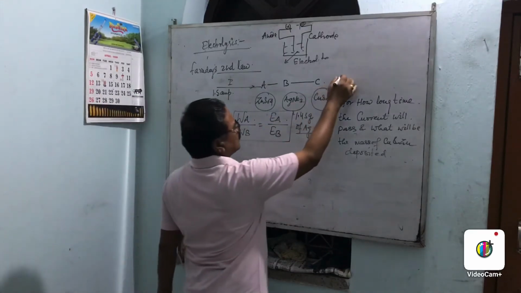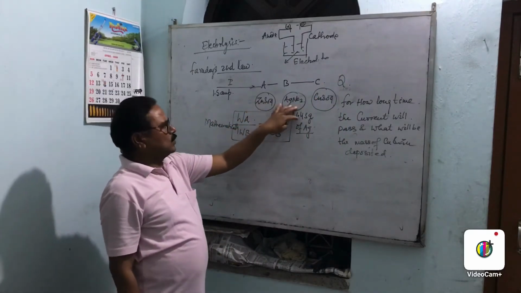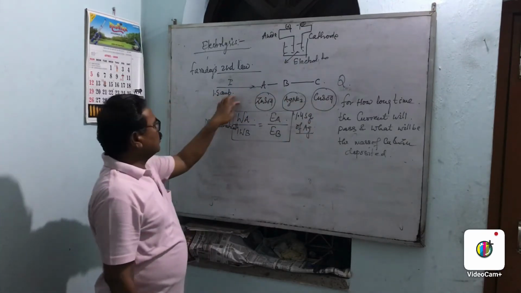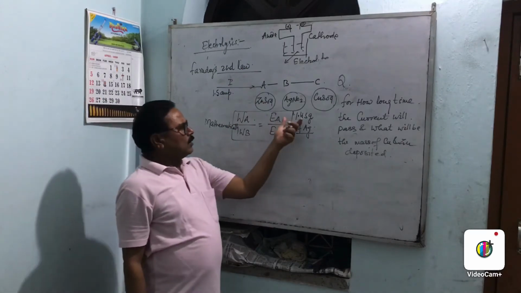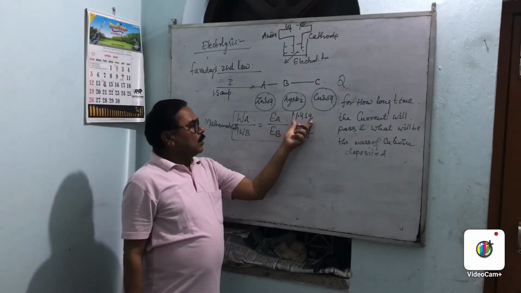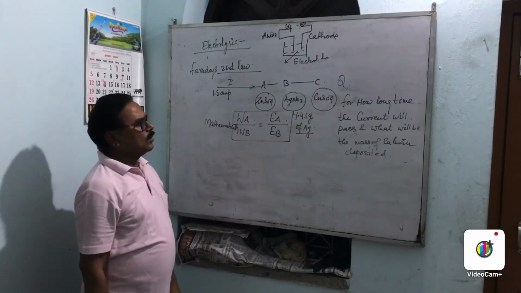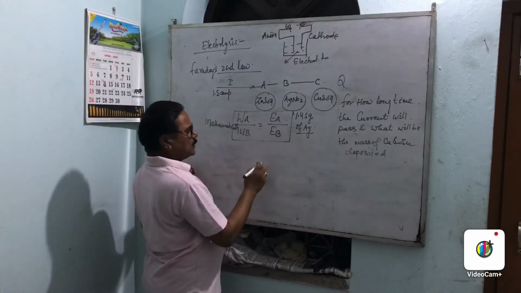Now we take the question: the three electrolytes, zinc sulfate, AgNO3 and copper sulfate, are connected in series and a current of 1.5 ampere is passed through them. For how long will the current flow, and what will be the mass of copper and Ag deposited? So first we apply the first law.